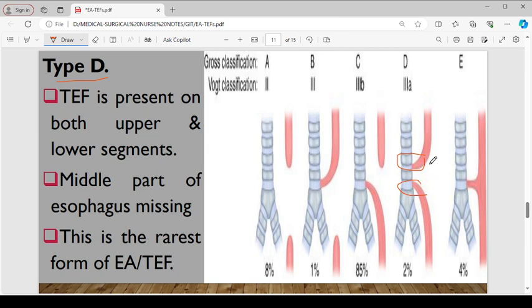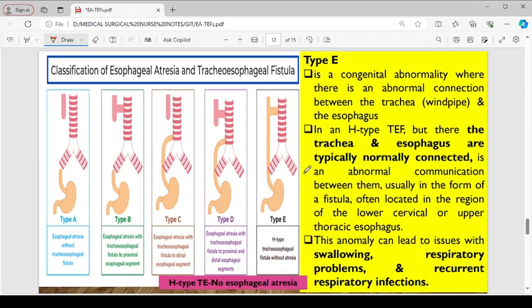Though you can see that the middle part is missing. And if you look at the statistics, this is the rarest form of esophageal atresia. All right. The last one is what we refer to as type E, or commonly referred to as the H type, of course. All right.